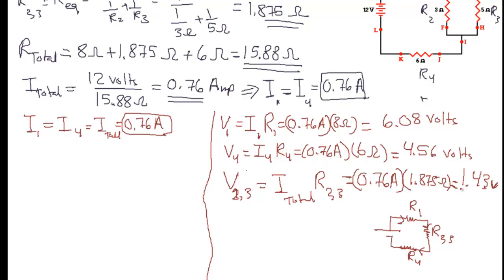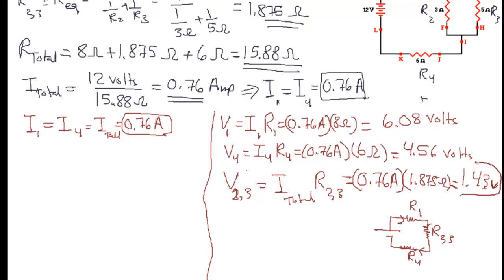And we expect it to be small because the equivalence resistance of 2 and 3 is smaller than R1 and R4. It's only 1.875 ohms, in contrast to 6 ohms for R4 and 8 ohms for R1. So always ask yourself if your answer makes sense.